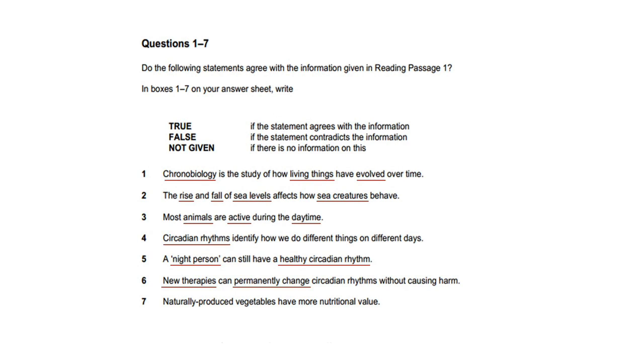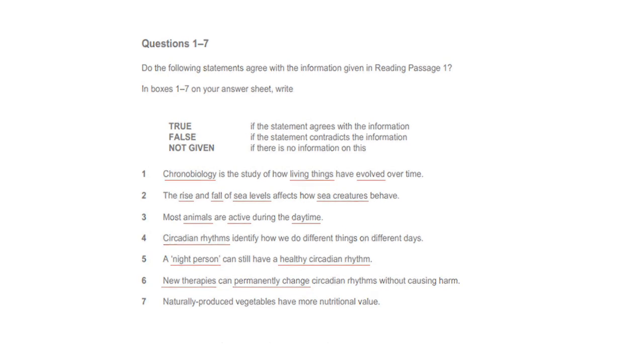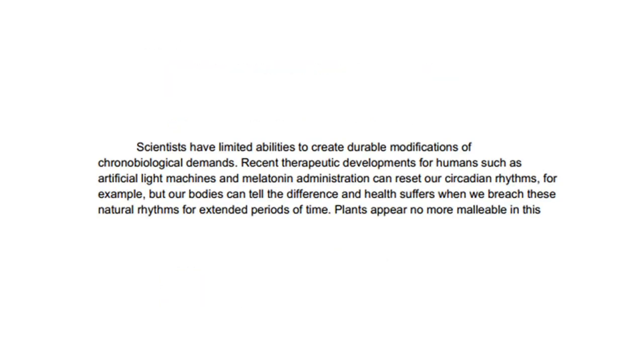Remember that the answer will appear after the answer from number 5. So you do not need to read anywhere before this. It says, scientists have limited abilities to create durable modifications of chronobiological demands.